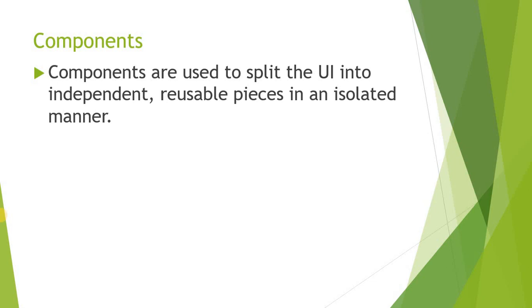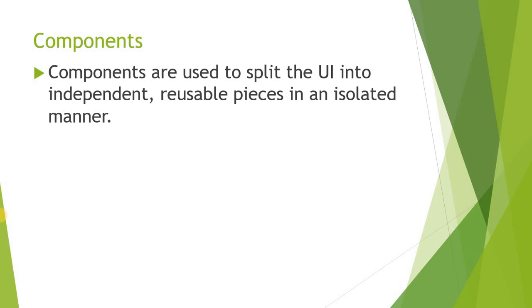Every website contains different sections like header section, content section, and footer section. So you can create each as a component, like header section component, content section component, or footer section component.